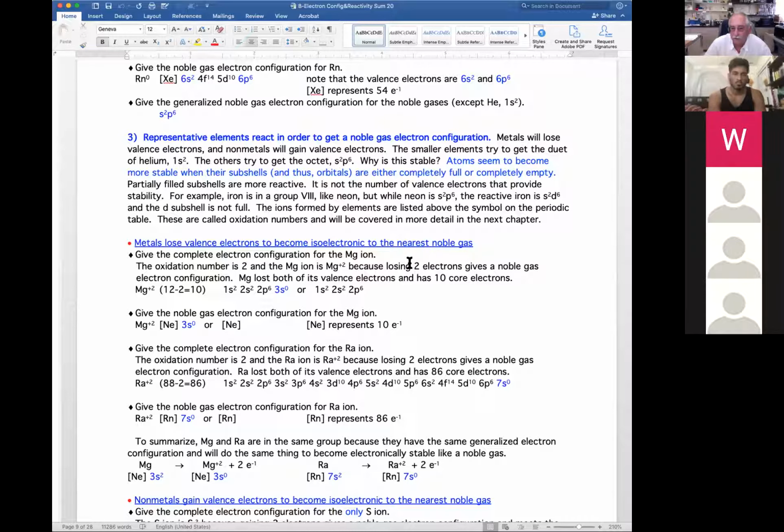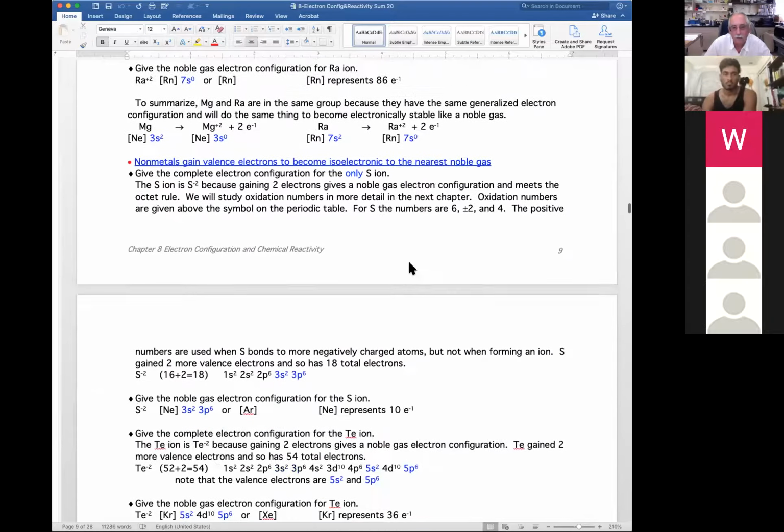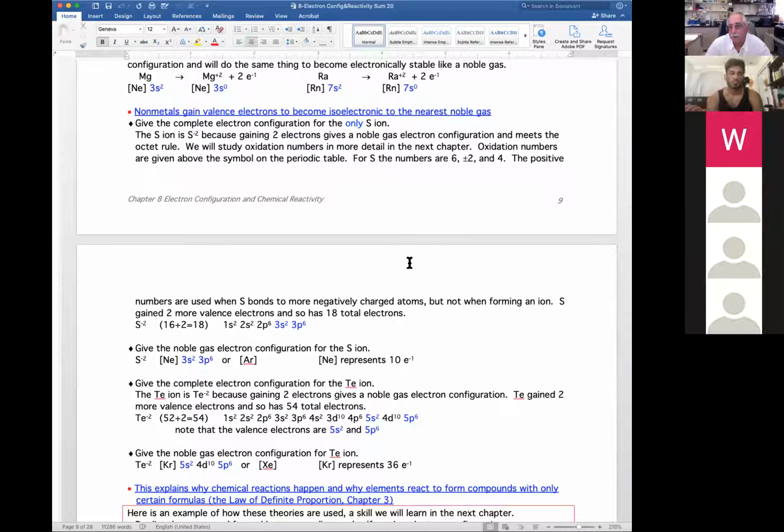There's no dots around them in the electron dot configuration. Nonmetals, no matter how many they start with as an element, gain enough electrons to become like a noble gas. So in Lewis dot formulas, they will gain electrons until they have 8. That represents s2p6.